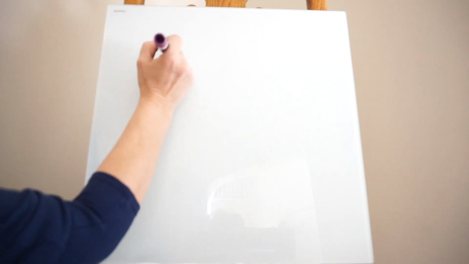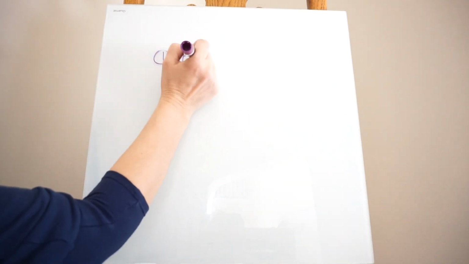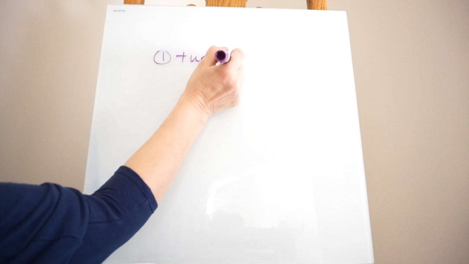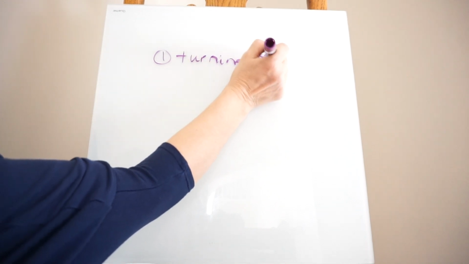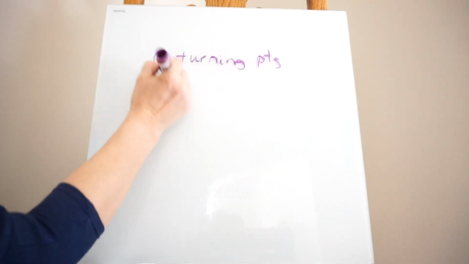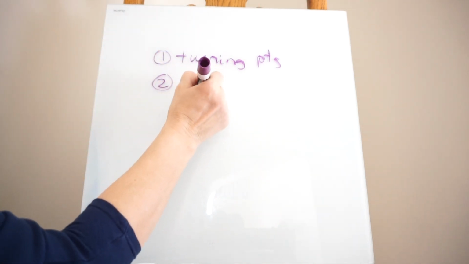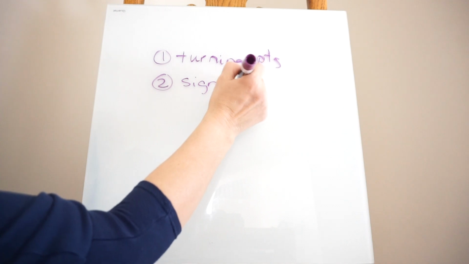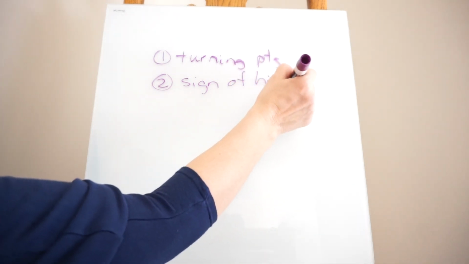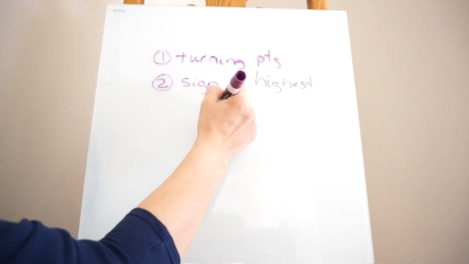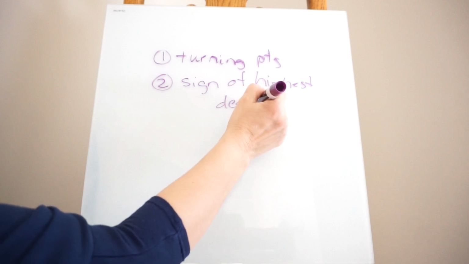A couple of things that we need to know in order to be able to graph them a little bit easier. We're going to need to learn about the number of turning points. We're also going to look at the sign of the highest degree term.